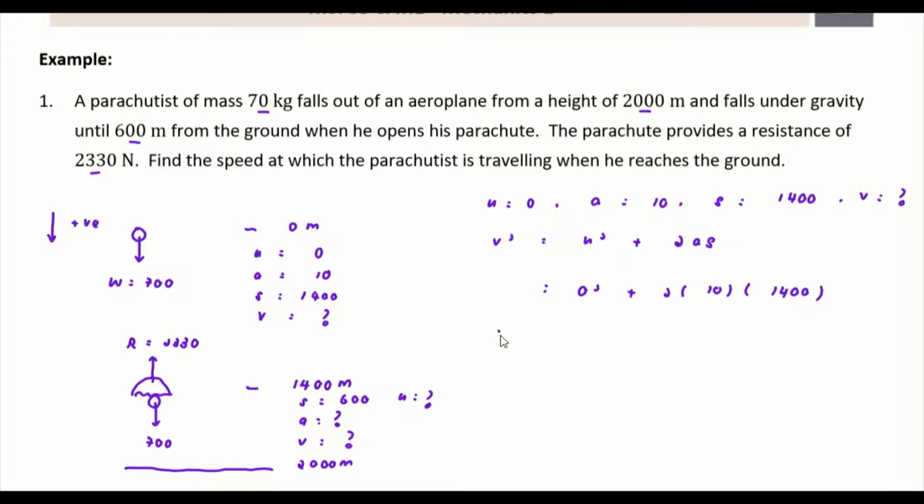From here I get v squared equals 28000. When I take the square root, I get 20 square root 70 meters per second. Alright, so this final velocity is eventually the initial velocity for my second stage, right?